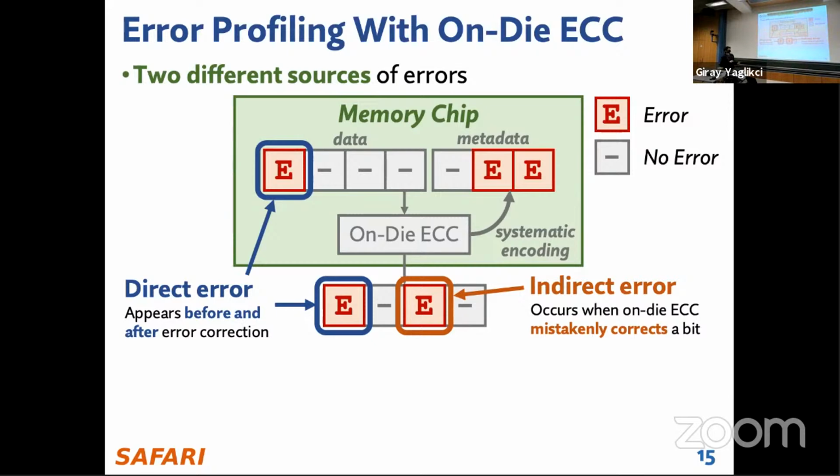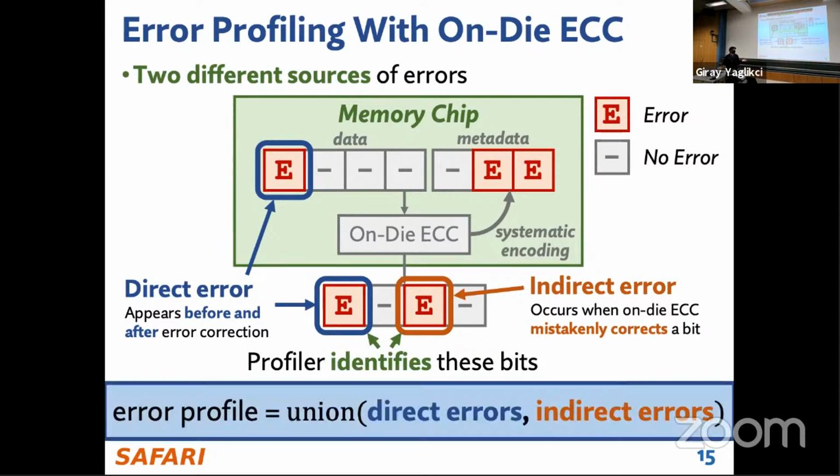If this is a single error correcting code, we have 3 errors to deal with, so on-die ECC performs some undefined operation based on the exact mathematical function it implements. In this example, it injected another error, thinking there was an error. This is called a miscorrection. The profiler observes these 2 types of errors and believes these bits are at risk of error, so the error profile is now computed as the union of direct and indirect errors.